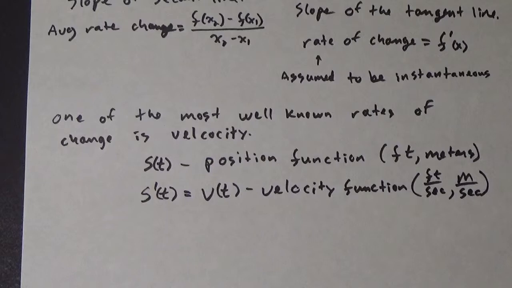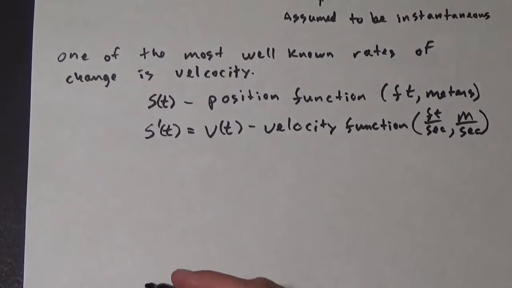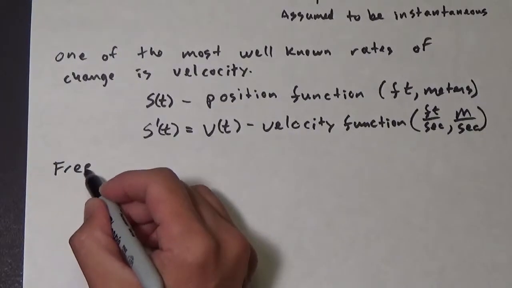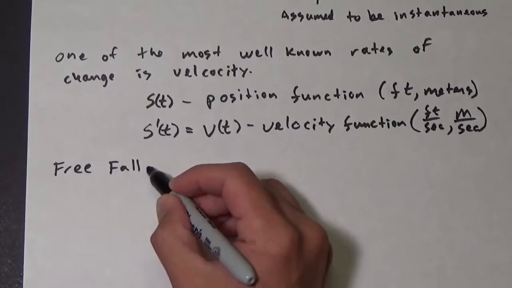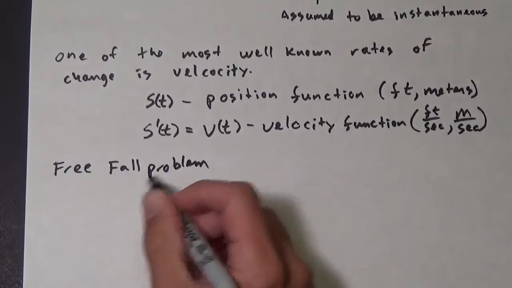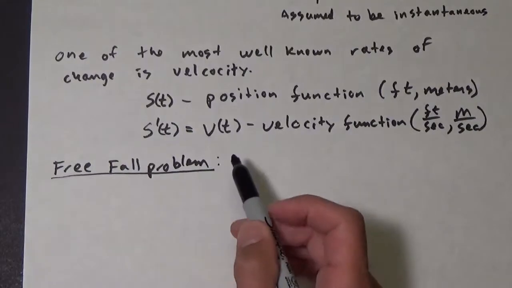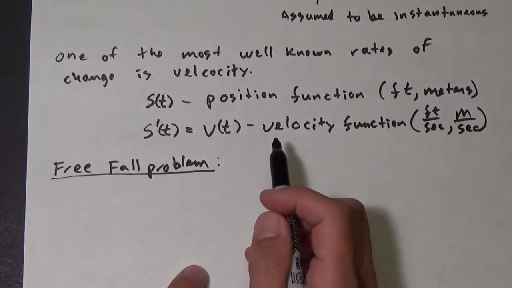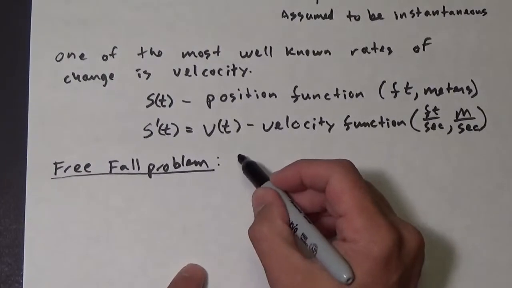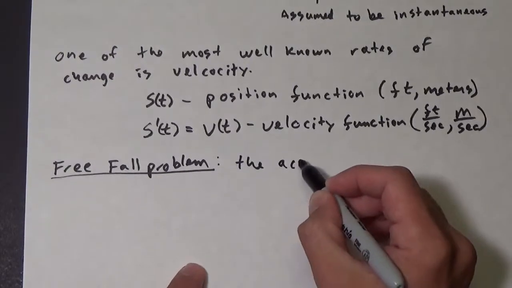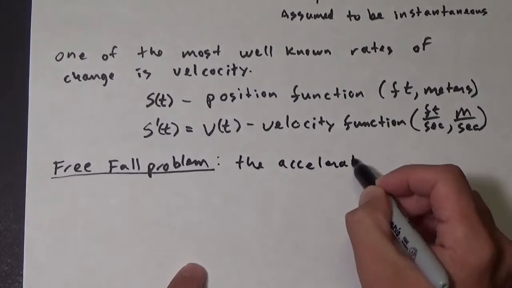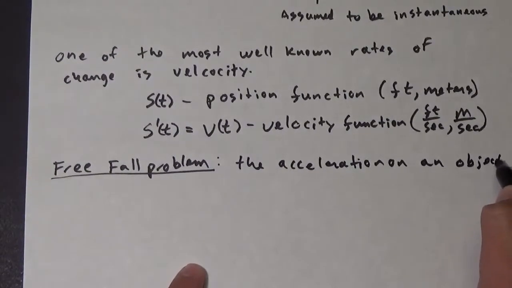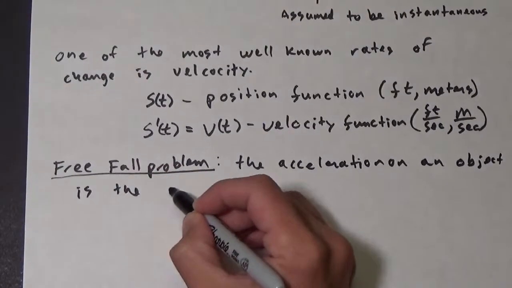Okay, so to start this off, we're going to look at what's called a free fall problem. In a free fall problem, the acceleration on an object is only the Earth's gravity.